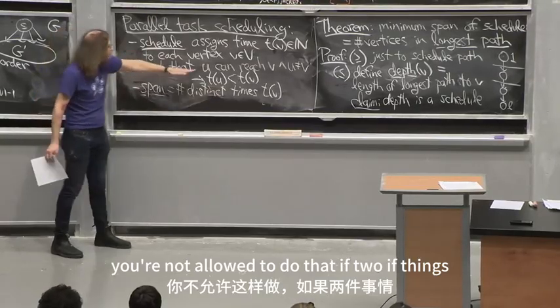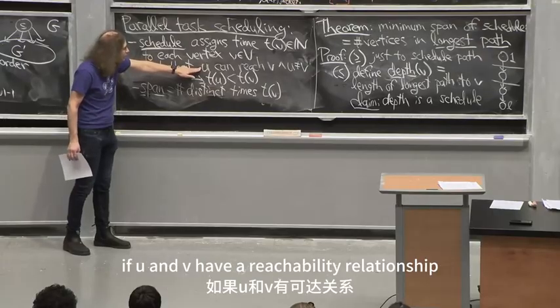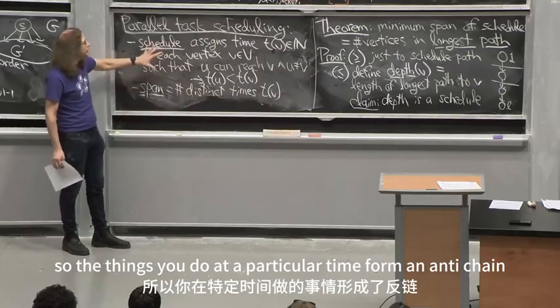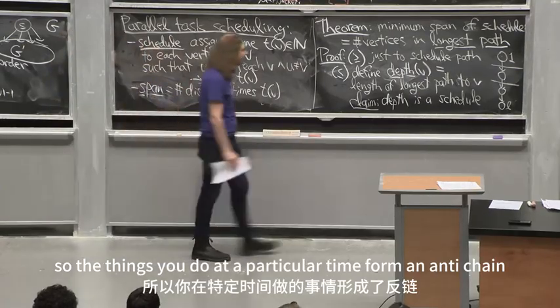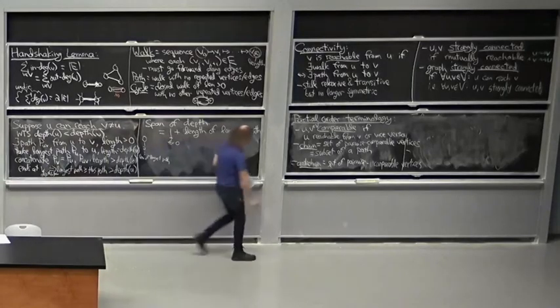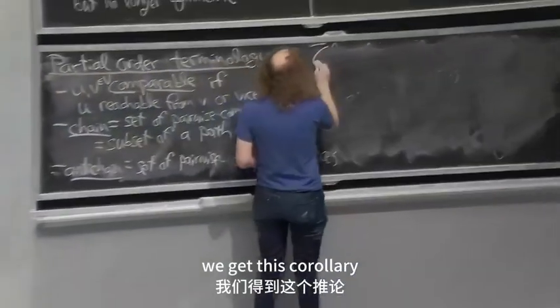You're not allowed to do that. If u and v have a reachability relationship, they must be done at different times. Okay, so the things you do at a particular time form an antichain. And so by that exact theorem, we get this corollary.